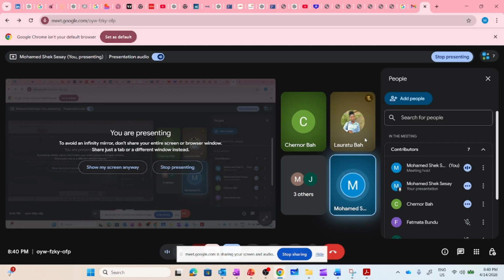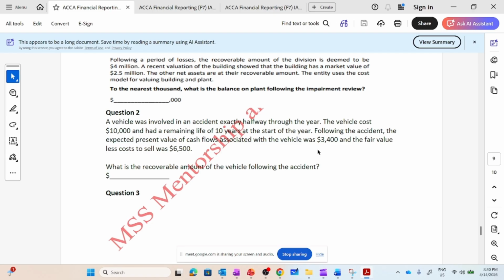What are the recoverable values, sir? So yeah, I'm going to use the restroom. That's why.